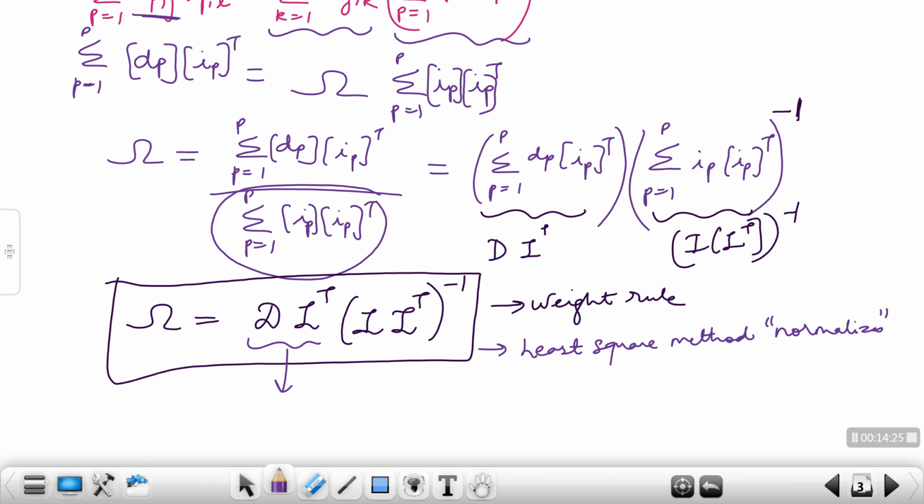This part is the Hebbian weight matrix. Okay, so it is trying to normalize the Hebbian weight matrix using the inverse of I into I transpose.